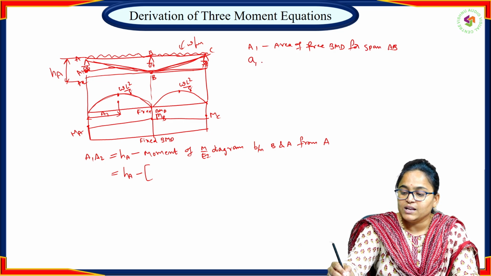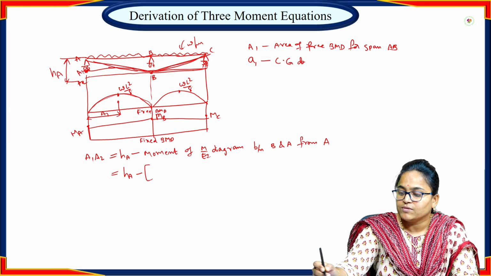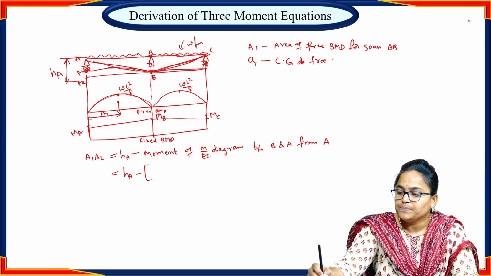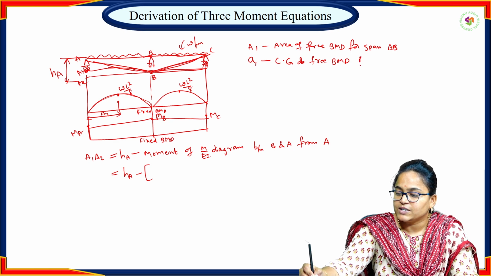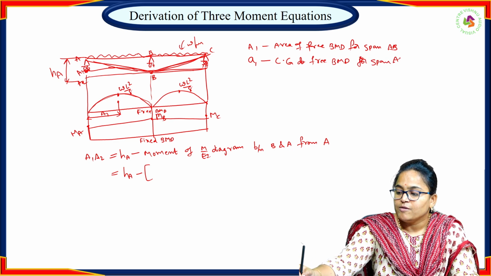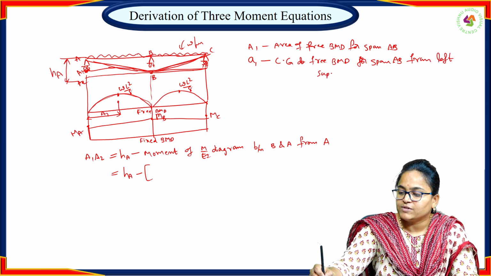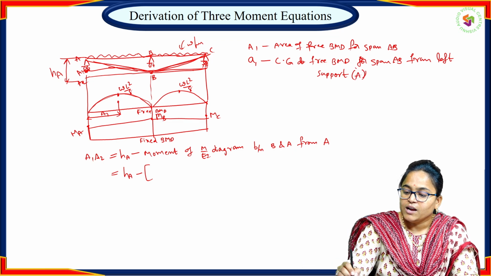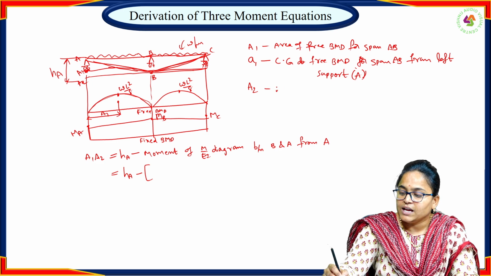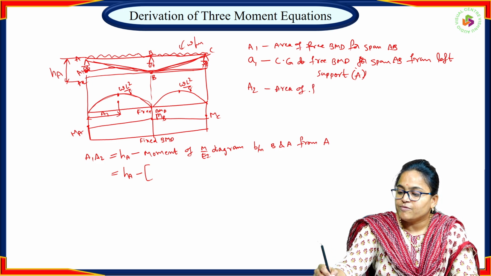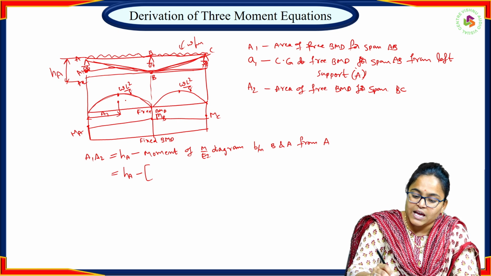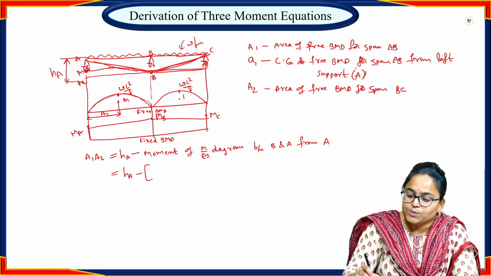Let us assume small a1 as the CG of free BMD for span AB from the left support, that is from support A. Now let us consider A2 as the area of free BMD for span BC. This is A1 and this is A2.